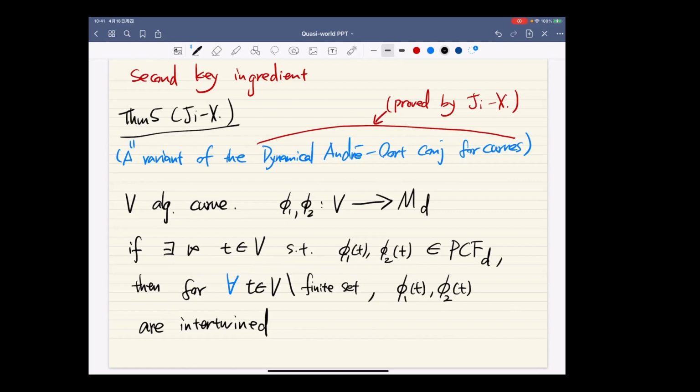We assume that there are infinitely many parameters T such that phi1(T) and phi2(T) are PCF at the same time. Then we show that for every parameter T in V, but maybe we need to remove a finite subset, phi1(T) and phi2(T), these two points in the moduli space, are intertwined.